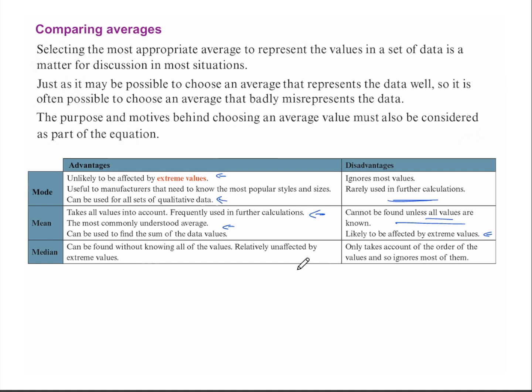Which then brings us to the median, where you don't really need to know all the values because it's just the middle value that we need to know. And it's usually not affected by the extreme values, because what the extreme values might do is just shift the midpoint from the 125th data point to maybe the 126th data point if you add two values on the higher extreme.